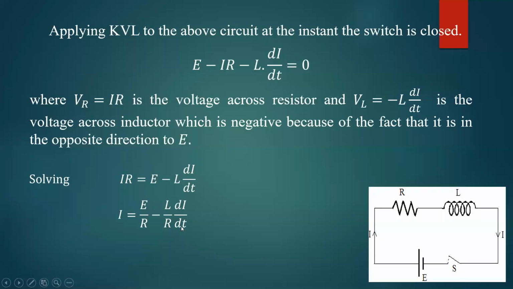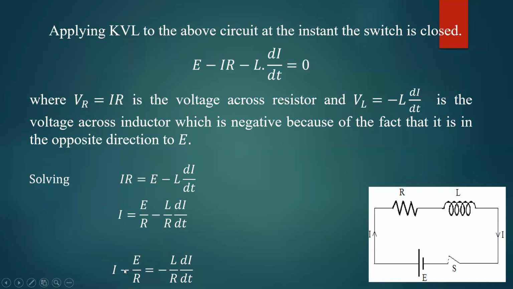Then subtract E by R on both sides. You will get I minus E by R is equal to minus L divided by R into di by dt. So then separation of variables can be done easily.